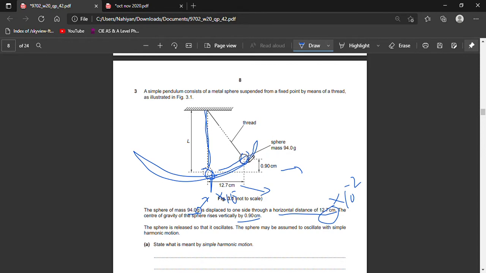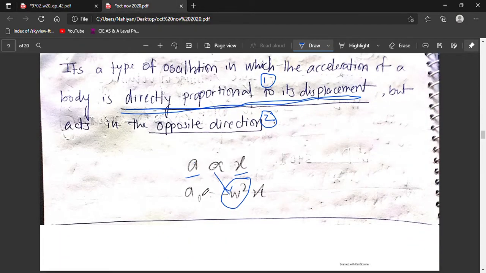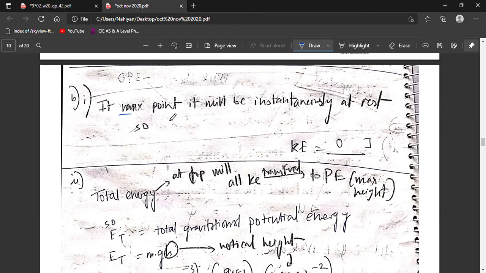Momentarily, as it reaches up, what we see is the v becomes 0, right? So if you look at my answer, at the next point it will be instantaneously at rest.